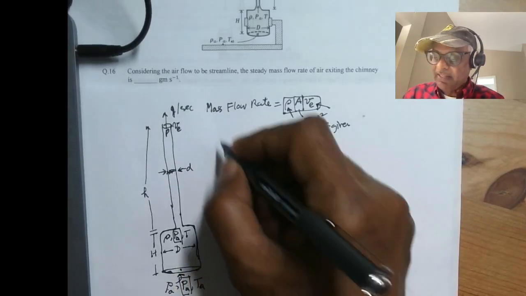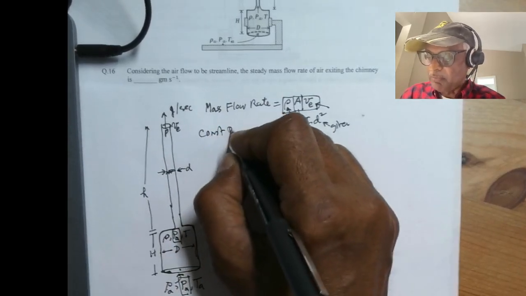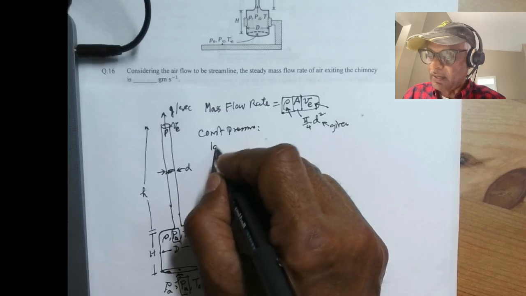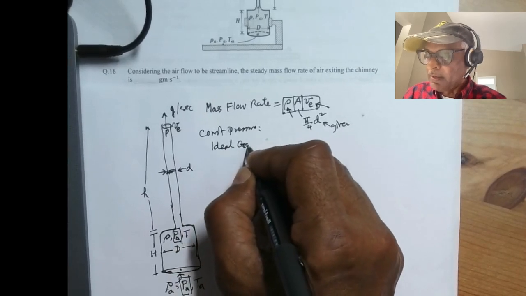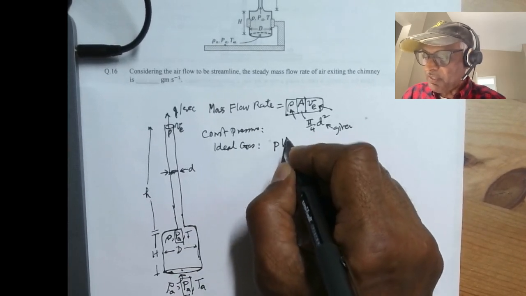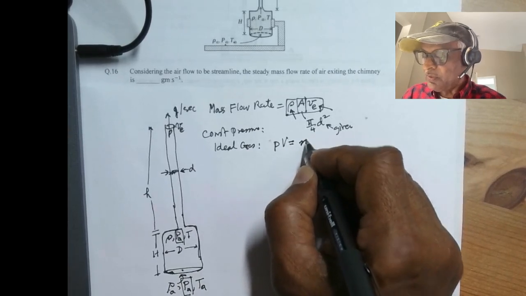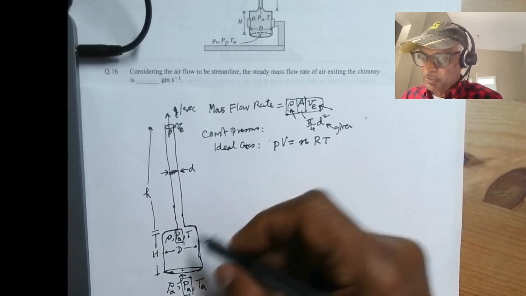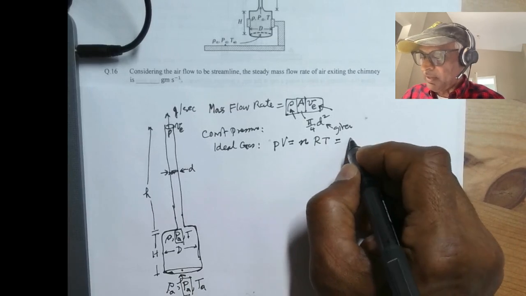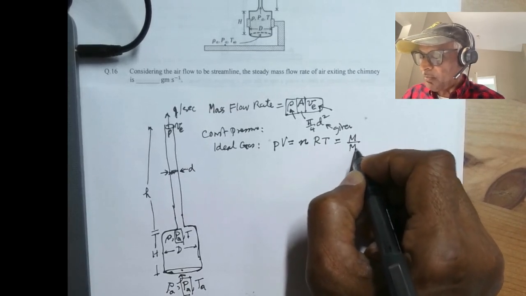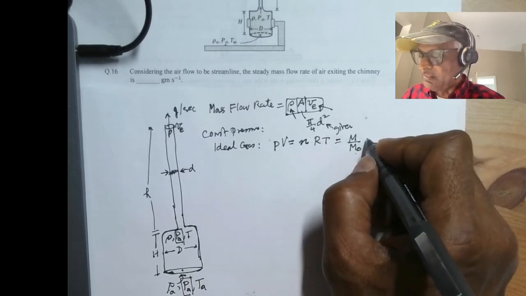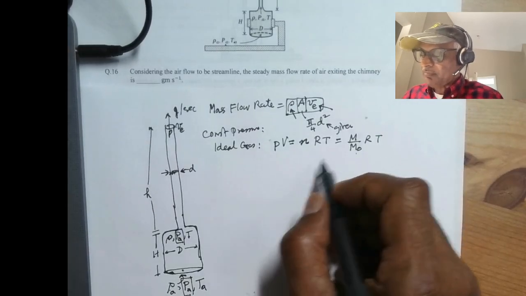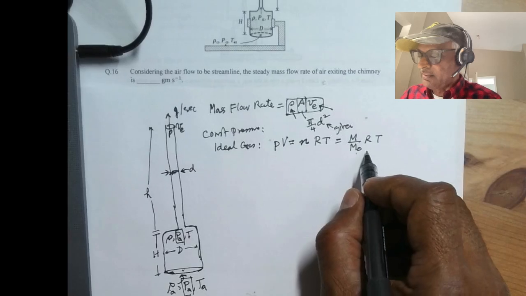Because it's an ideal gas, you probably know PV equals nRT, but because we want to involve density, rather than n I want mass over molecular weight, so PV = (m/m0)RT.